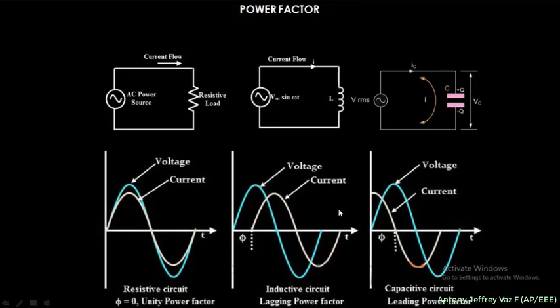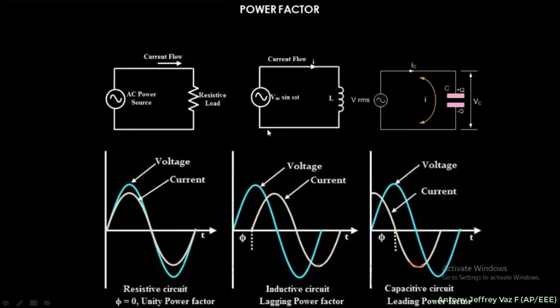If a resistive load is connected to an AC source, it is said to be unity power factor, because there is no time difference between the zero crossing of both the AC voltage and the current waveform. Whereas when an inductive load is connected, you see a lagging difference, and when a capacitive load is connected, you see a leading difference.